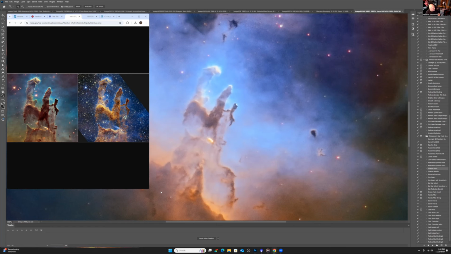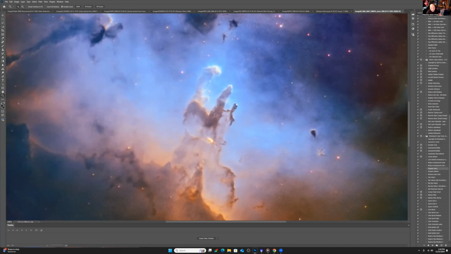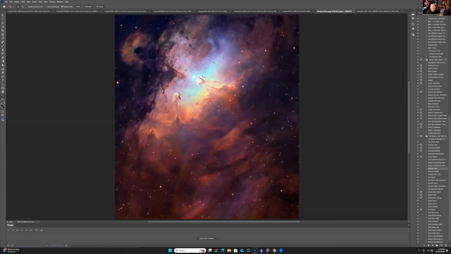I think we all astrophotographers suffer from this. You always want to get better and better and better. When I got this image, I was fully amazed because I was able to photograph the pillars of creation with a different telescope with a smaller aperture.